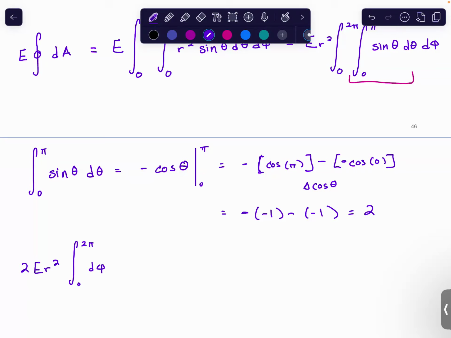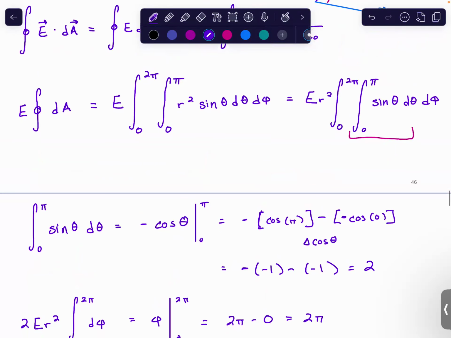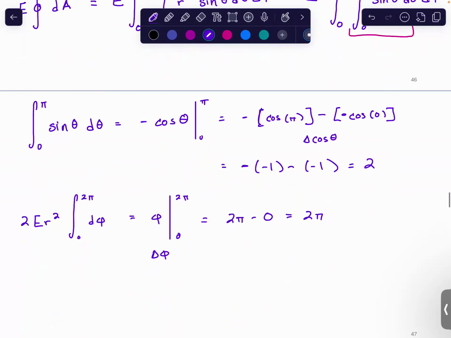So the integral of d phi just gives us phi, evaluated at 0 and 2 pi. So remember, we're essentially taking a delta phi. That's going to be 2 pi minus 0 equals 2 pi. So that whole integral ends up being 4 pi.